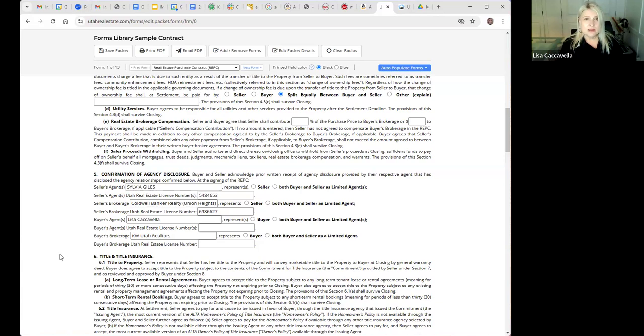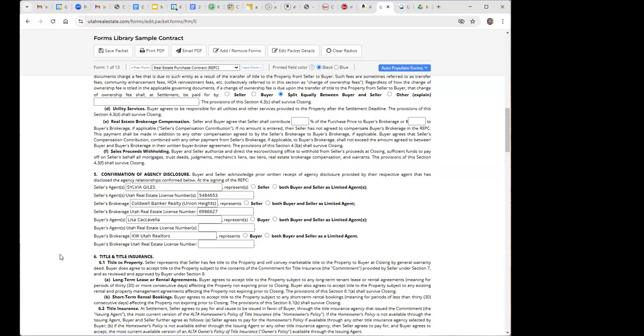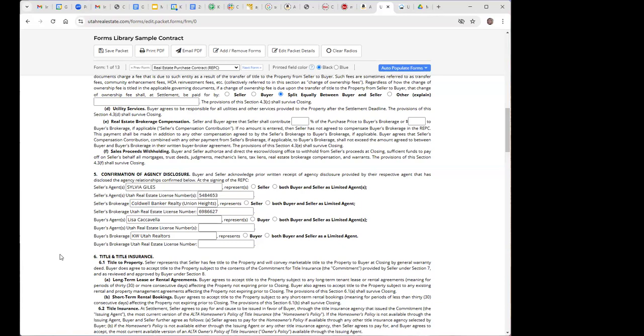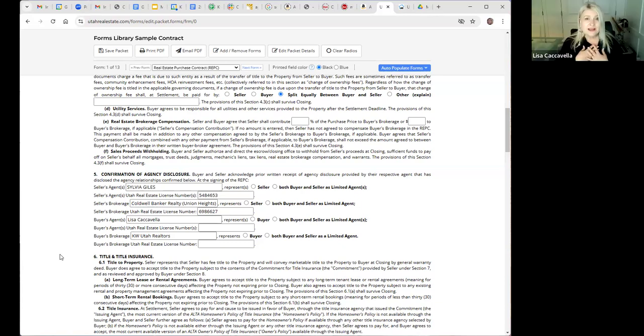So if they are not willing to pay that 3%, then you are going to have to come up with the difference in addition to the down payment and the closing costs. For my clients, that's how I choose to do it. But I'm very clear that if it's under 2%, then we have to have a discussion about them paying the difference, and they will have to decide if this home is worth it at this price.